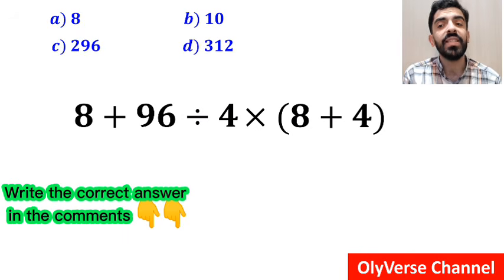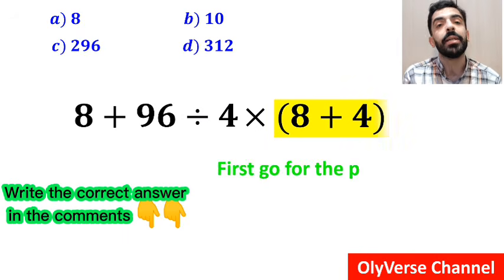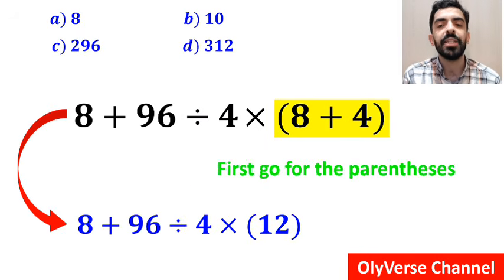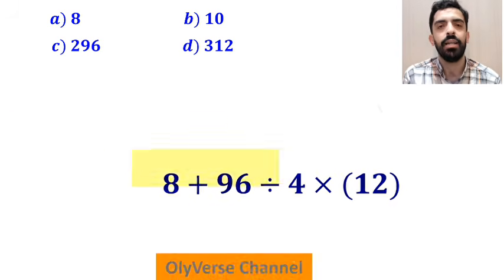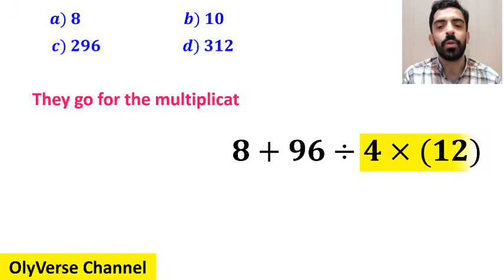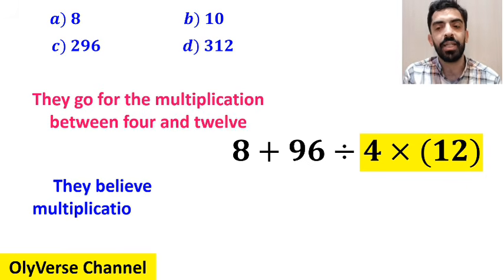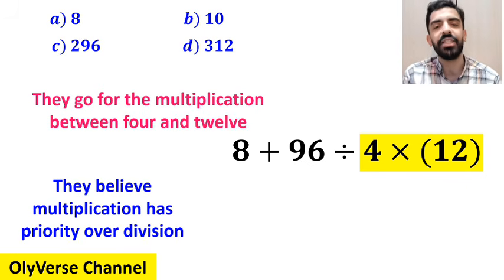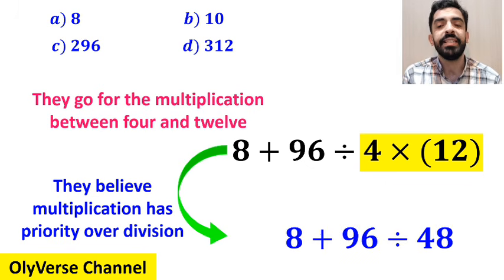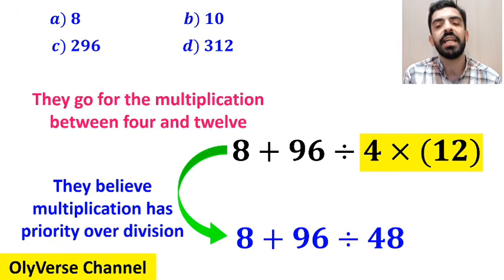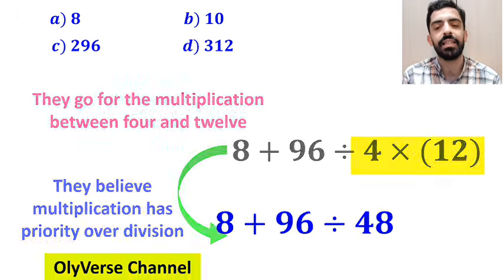Also, some other people, when solving this question, first go for the parentheses and write this expression as 8 + 96 ÷ 4 × 12. The next step, they go for the multiplication between 4 and 12 because they believe multiplication has priority over division. So, this expression simplifies to 8 + 96 ÷ 48.